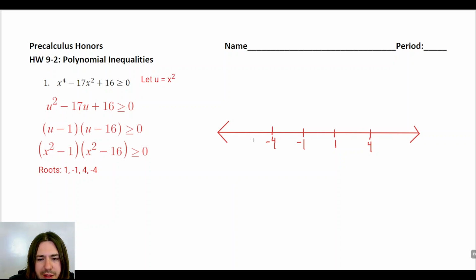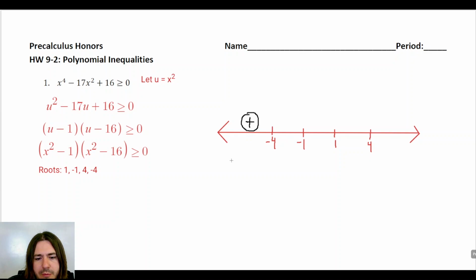So for a number less than negative 4, I'm going to go with, let's say, negative 10. And if I plug that in, I'm going to get a positive times a positive, which is positive. So I know that this interval right here is positive. And then in between negative 1 and negative 4, I could pick a number like negative 2.